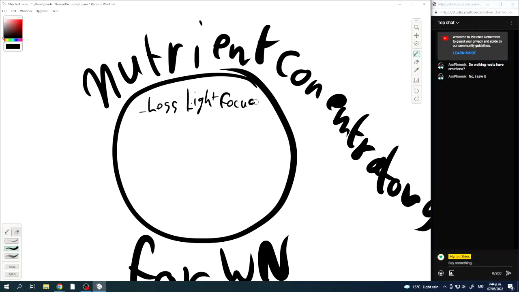But stuff like extensive roots. Maybe potentially carnivorous.